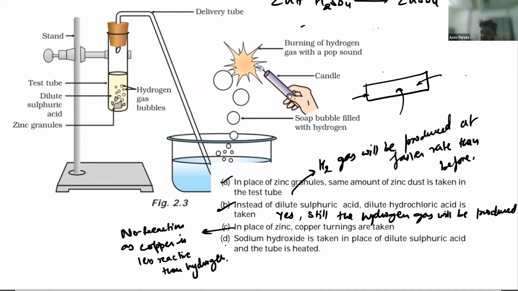Tell me, dear student, will the hydrogen gas be produced? Amar, do you think hydrogen gas will be produced when metals react with acids? Zinc is a metal, when reacting with a base, do you think hydrogen gas will be produced? Do you think that metals, when they react with a base, also produce hydrogen gas?